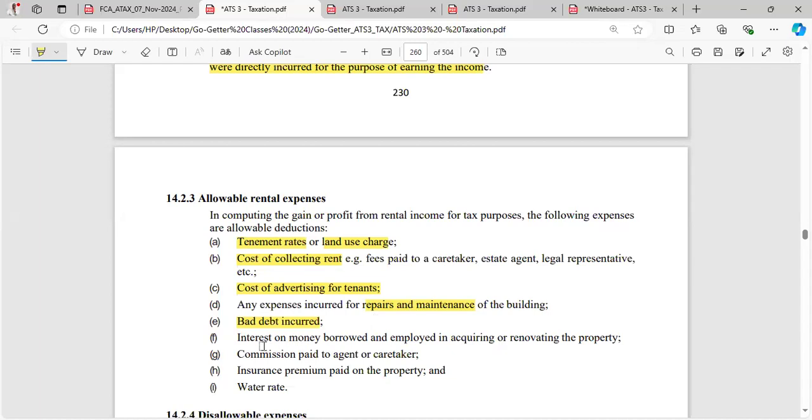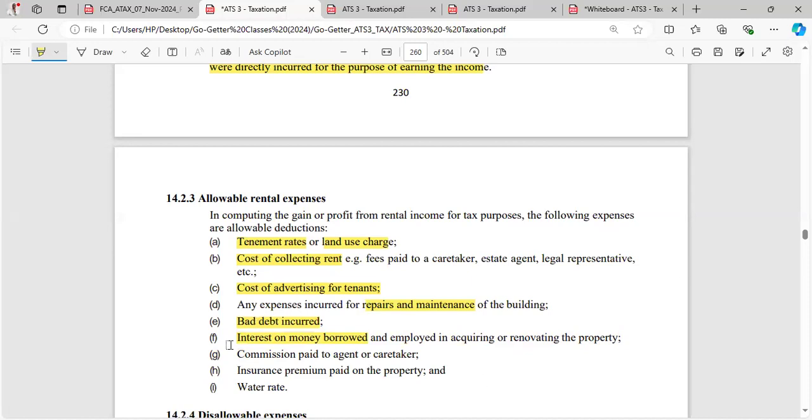Sometimes you may borrow money, let's say from the bank, and you are paying interest. Interest on money borrowed. As long as you use that money in either acquiring the property or renovating the property, when you are paying back the loan, the interest part is allowable.